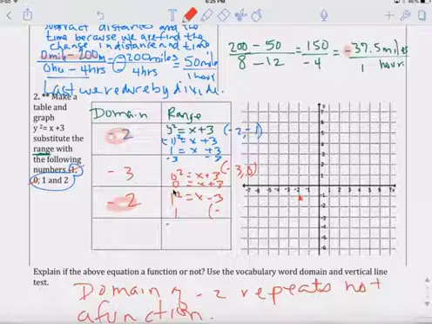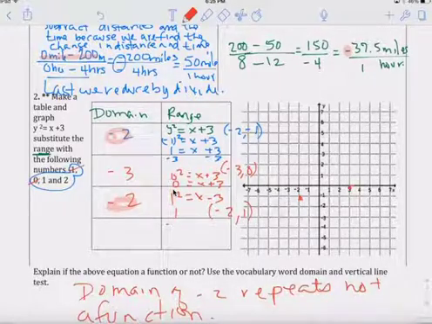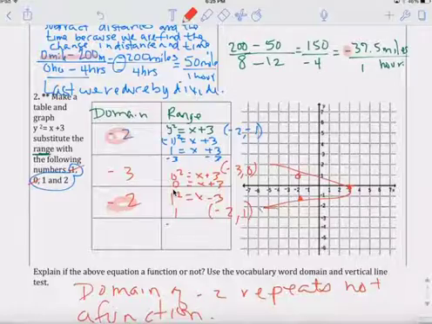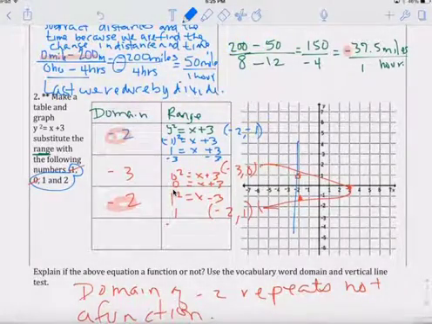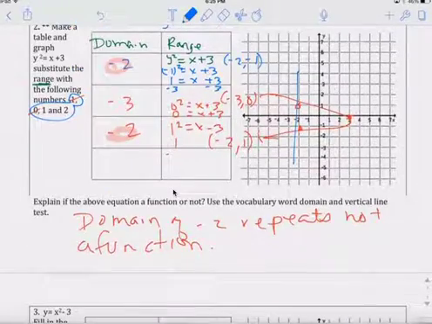Now when you graph it, watch, -2, -1 right here. This is -2, 1. -3, 0 right there. And -2, 1 right there. The vertical line passes through 2 dots, so it's not a function.